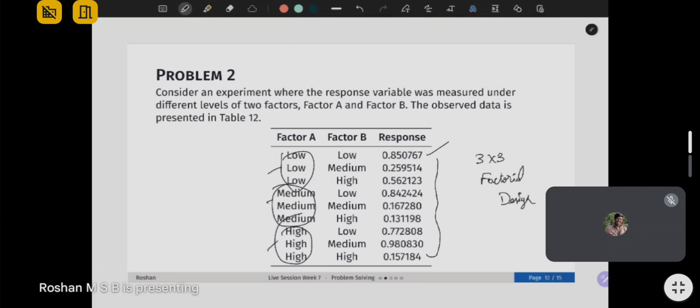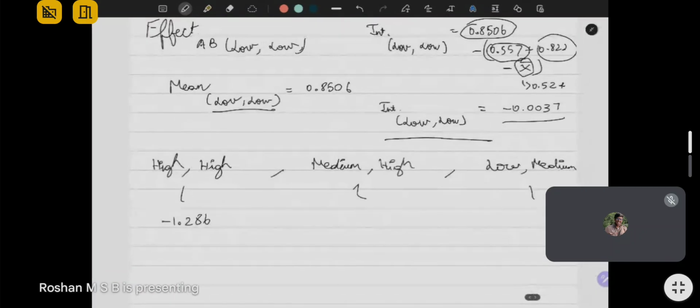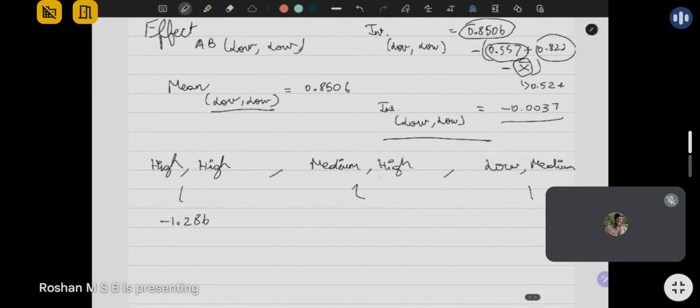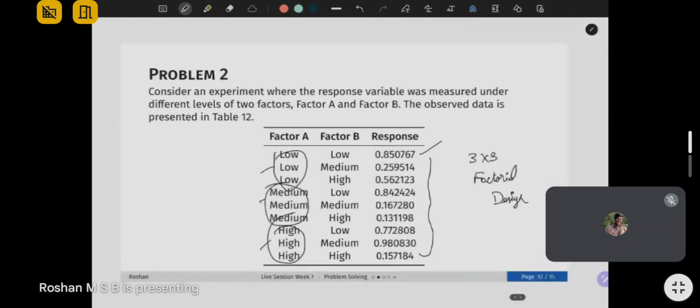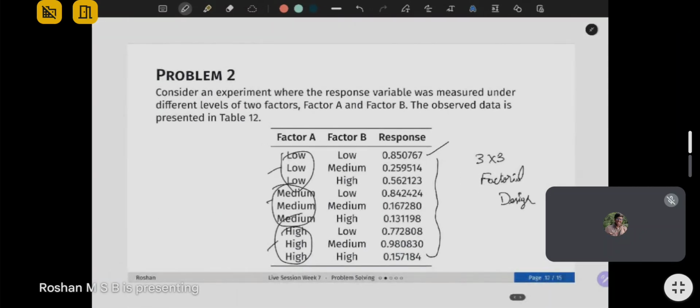For medium high, we have two points, so we have to take the average of that. And then what do you subtract it with? Wait, medium, high, there is only one data point, right? It's medium for factor A, high for factor B, so it's always AB. Then it's only one. Medium and high.